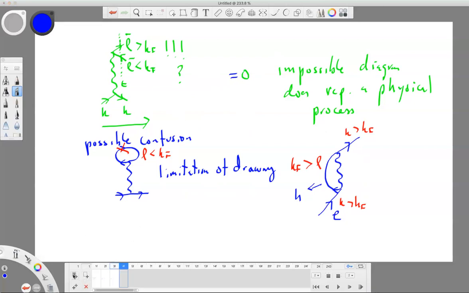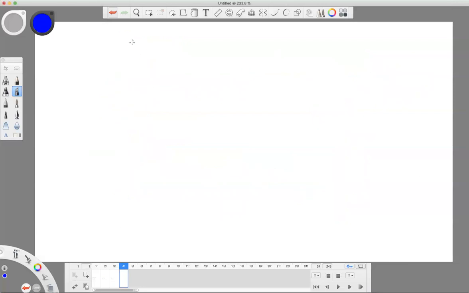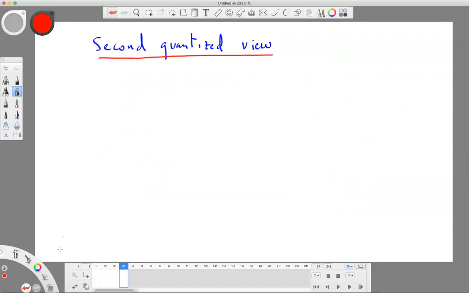Okay. Now look here. How can we look at the same problem from the second quantized point of view? So the second quantized view of this problem is, let's suppose you have this case here, and we have the handles here.